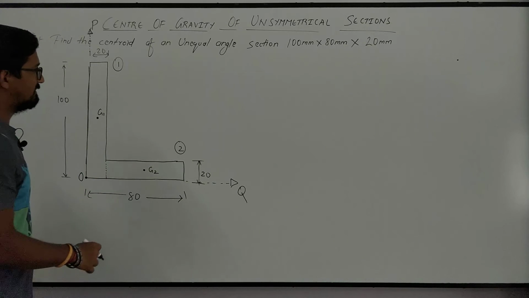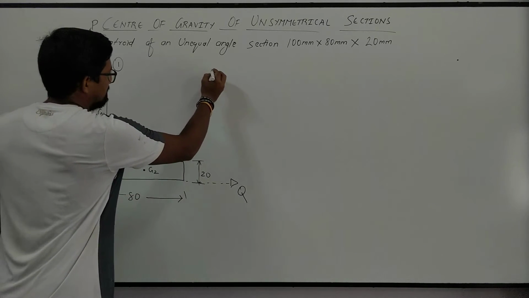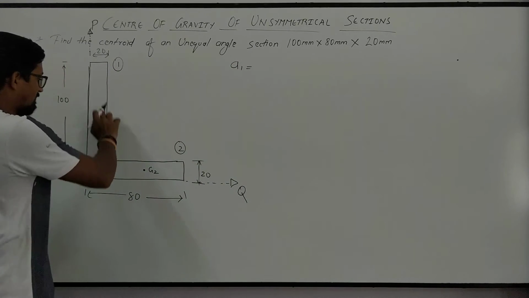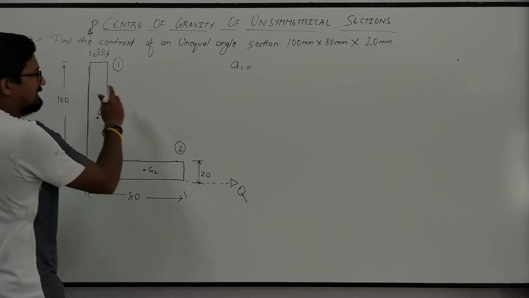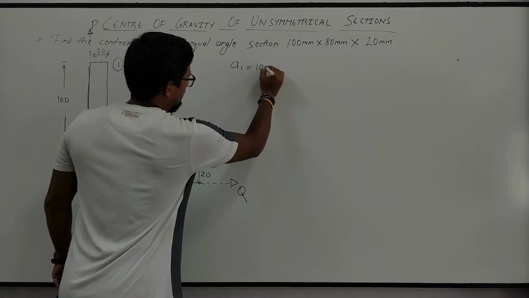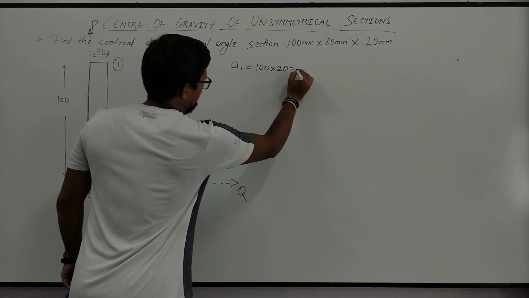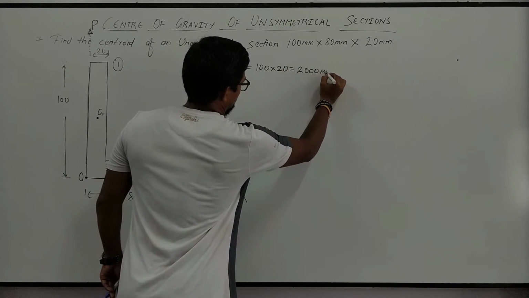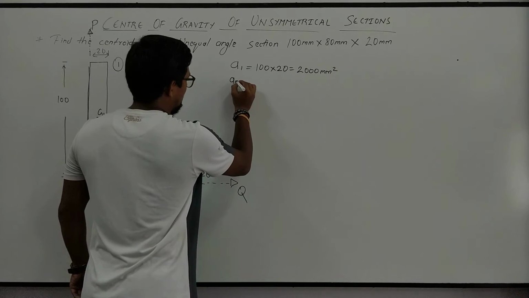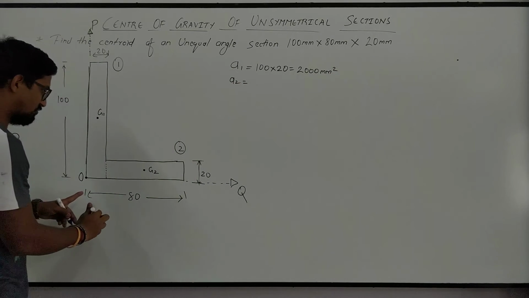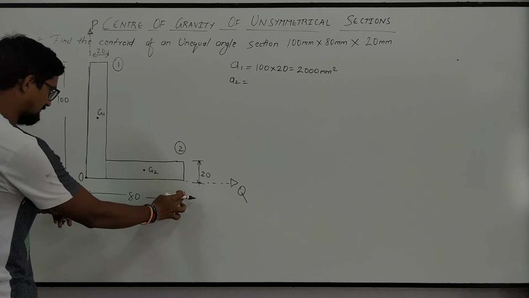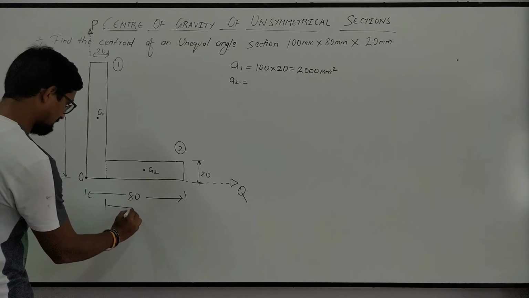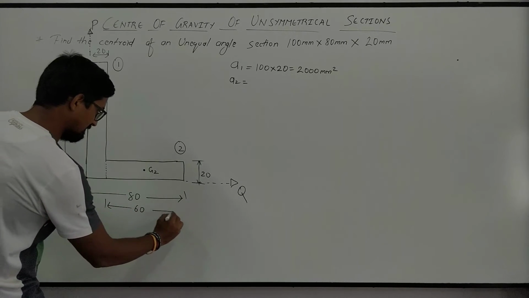Then we can calculate the area. So area 1, the area of section 1, will be 100 into 20, which is 2000 mm square, and area 2 will be, see here, say this is 80, so 80 minus 20, so this will be 60.